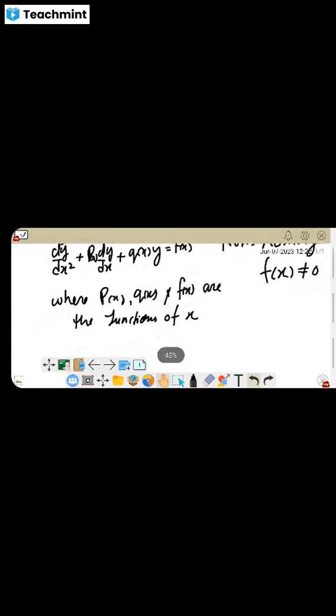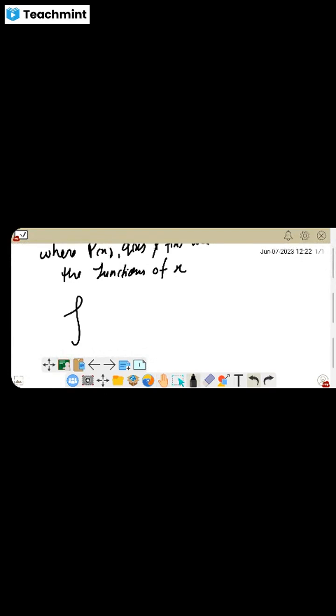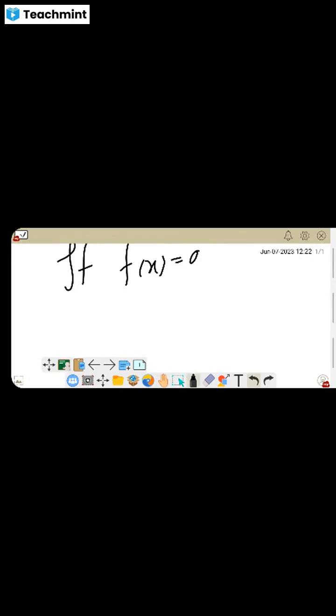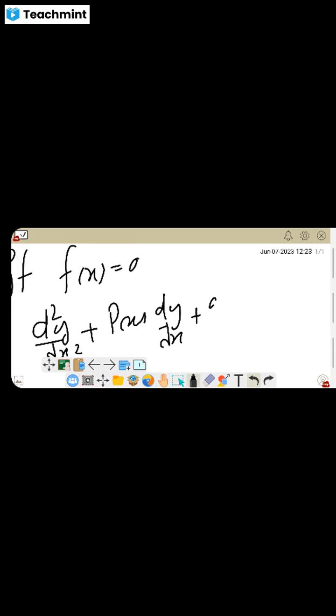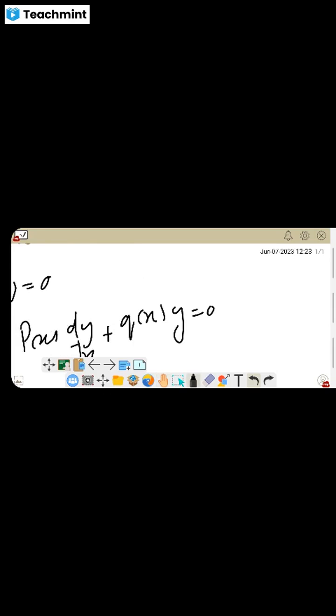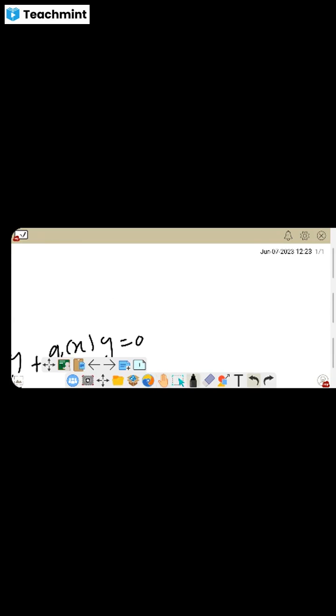If f(x) is equal to 0, it means the right side is 0, then this form of the equation, d square y over dx square plus p(x) dy over dx plus q(x) y is equal to 0, is homogeneous. Okay.